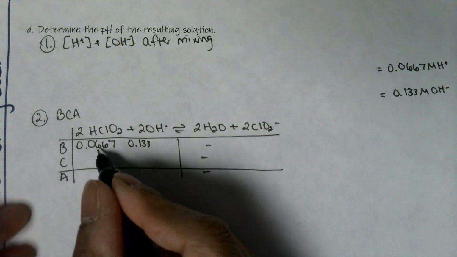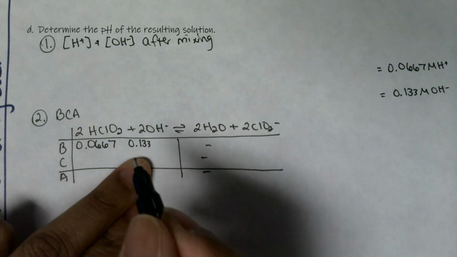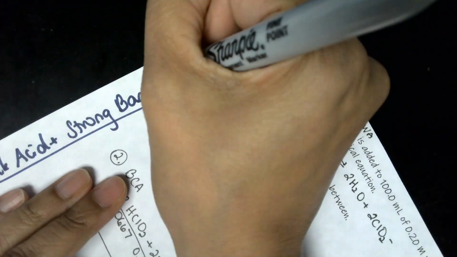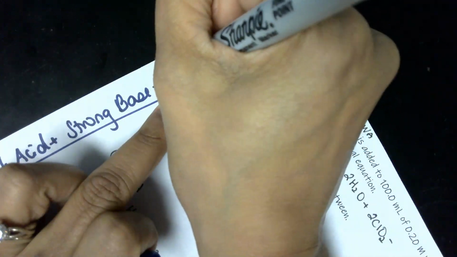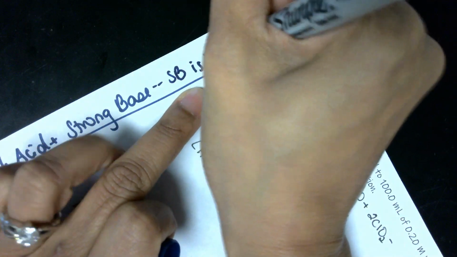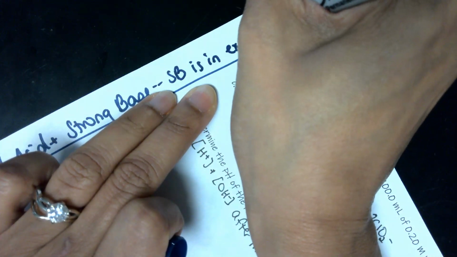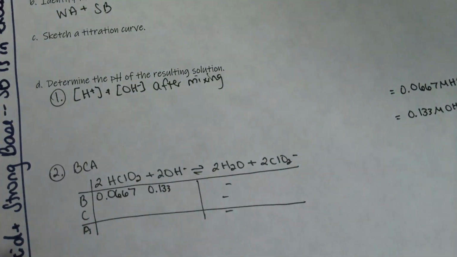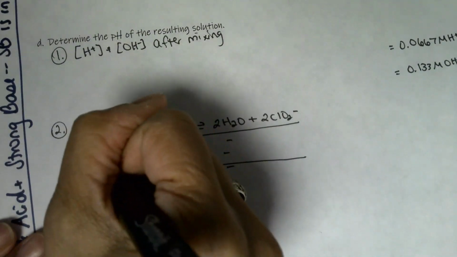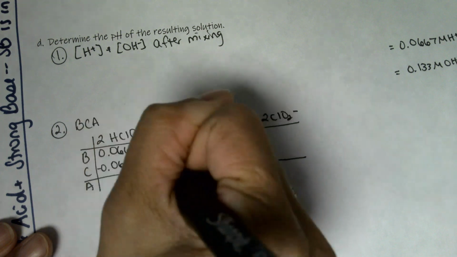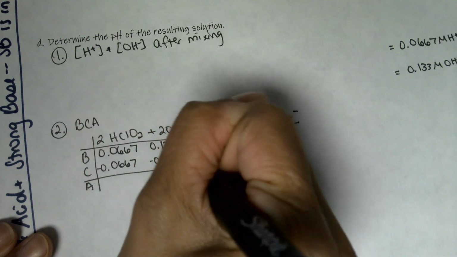It looks like our OH minus in here is in excess. So we're going to write in here, ding, ding, ding, hopefully you got that right, that the strong base is in excess. All right. So 0.0667 minus 0.0667.